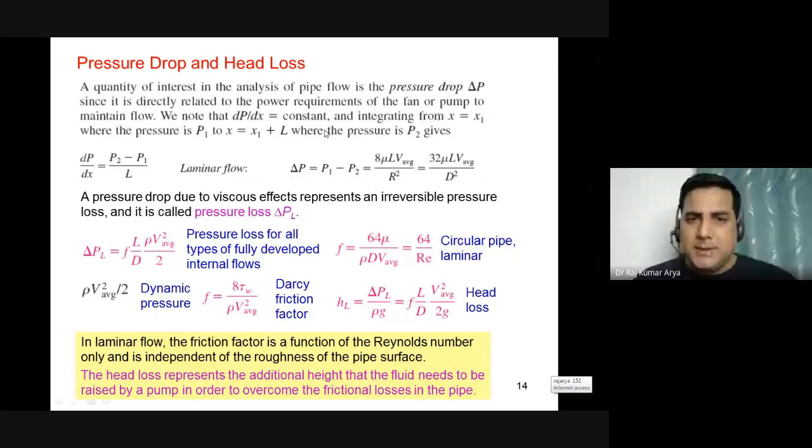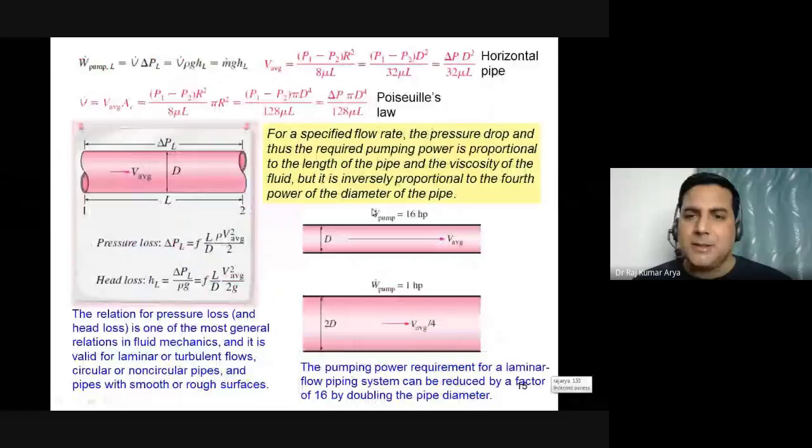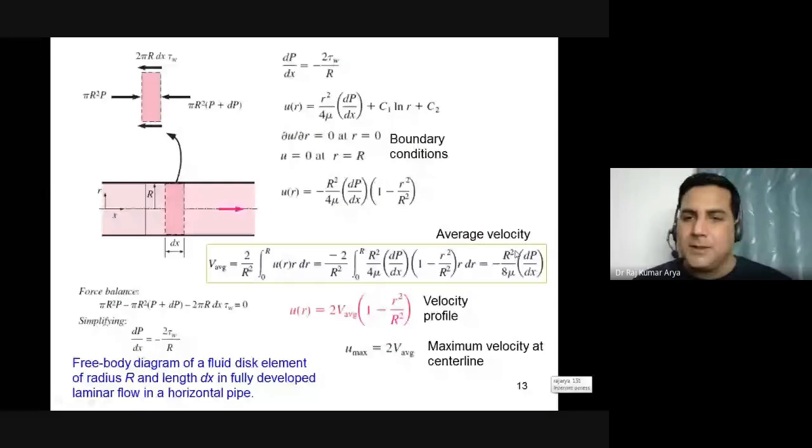So this is being calculated here. This is coming as 8 mu L V average upon R to the power 4. Do you know where this comes from? This derivation is coming only from this particular part here. Here you have velocity, here you have this R square, this delta P by dx, and then you are converting this formula in terms of pressure drop only.